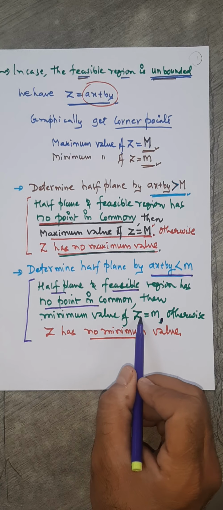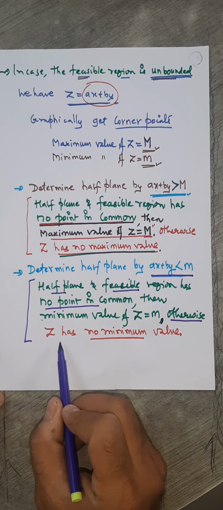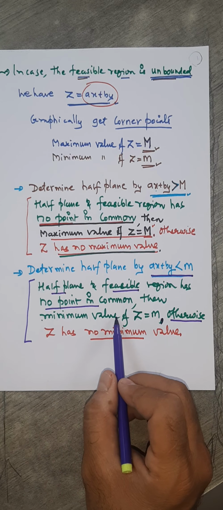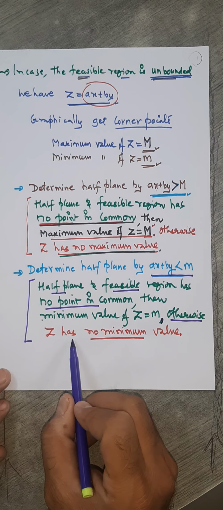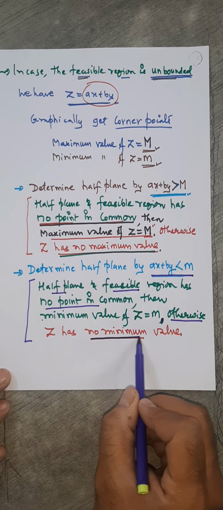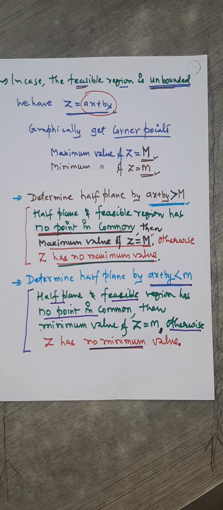Otherwise, if they have a common point, then the function has no minimum value. This is theory especially for unbounded region. Now we do two more examples, one for maximum value and one for minimum value, so it will be clear to you.